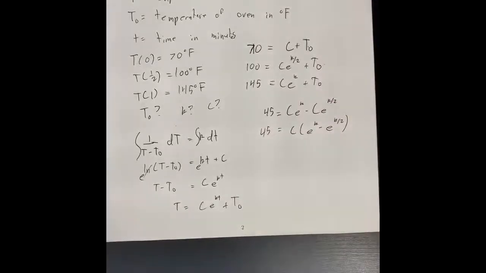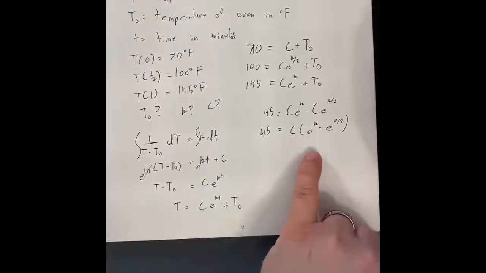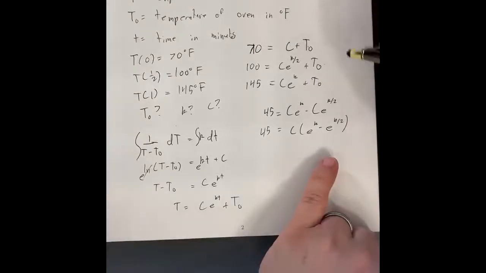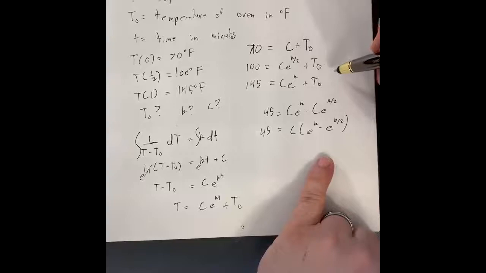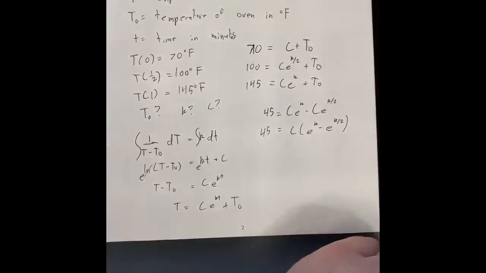We have another formula for C. So I guess what I want to do is divide, like we did in example 1, in order to cancel out the C's. But this extra T naught here, if I divide, is not going to allow me to divide very easily.